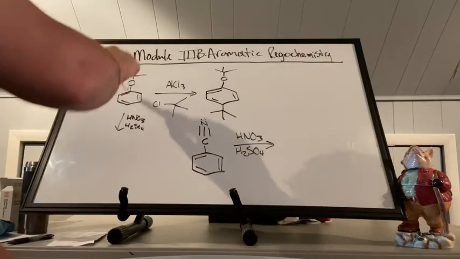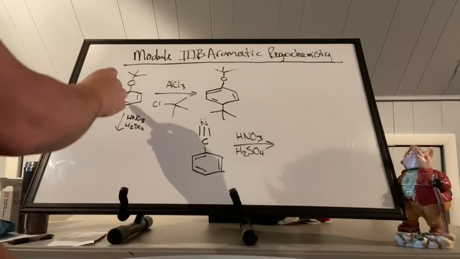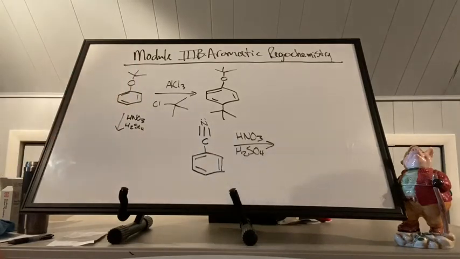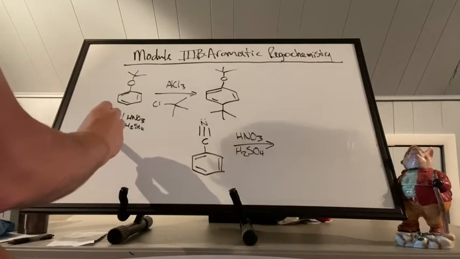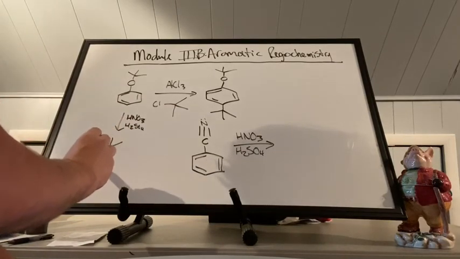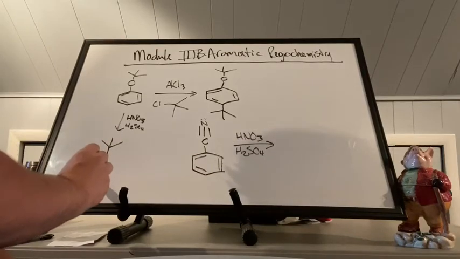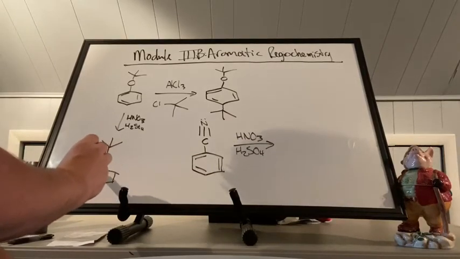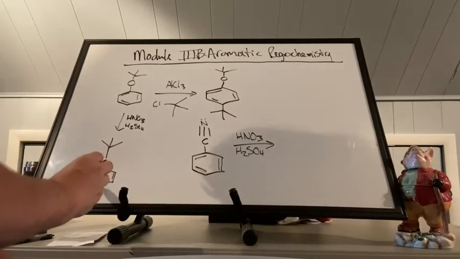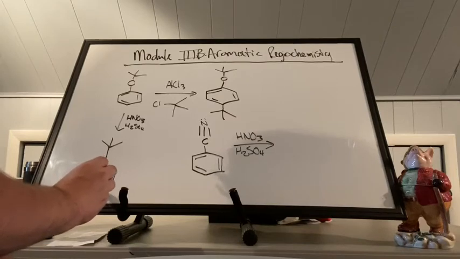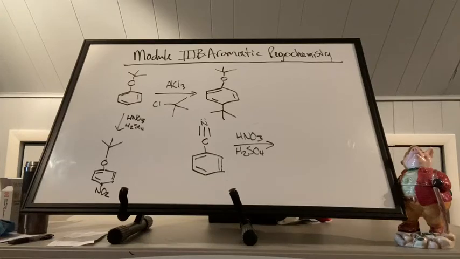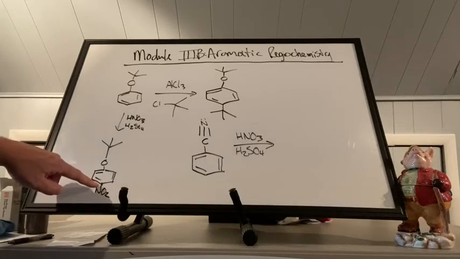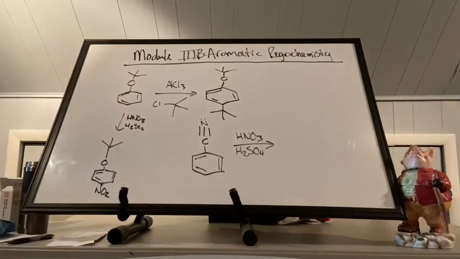Okay. Let's take the same example now where instead of Friedel-Crafts alkylation, we're going to nitrate. So we're going to get substituted para, going to be a nitrate or a nitro group. So the nitro group is replacing that hydrogen that's down here from the substrate.